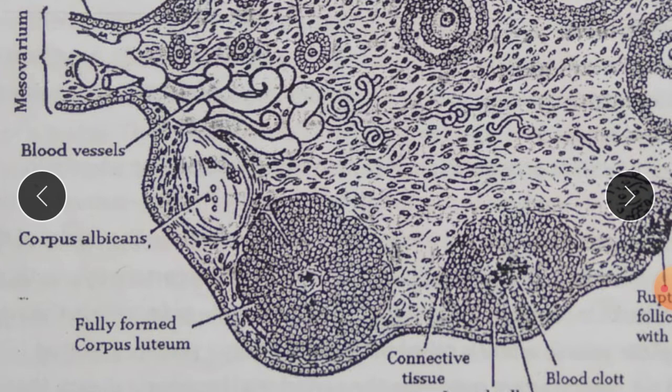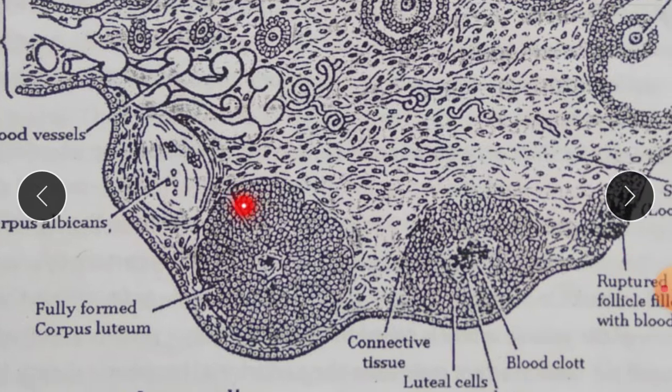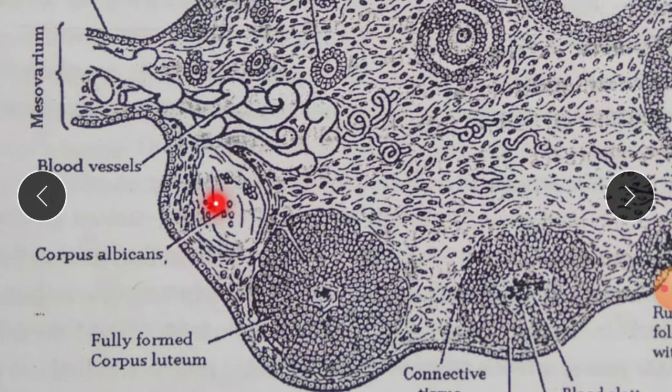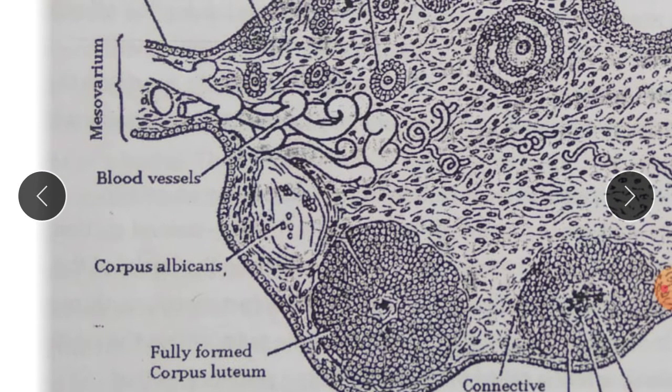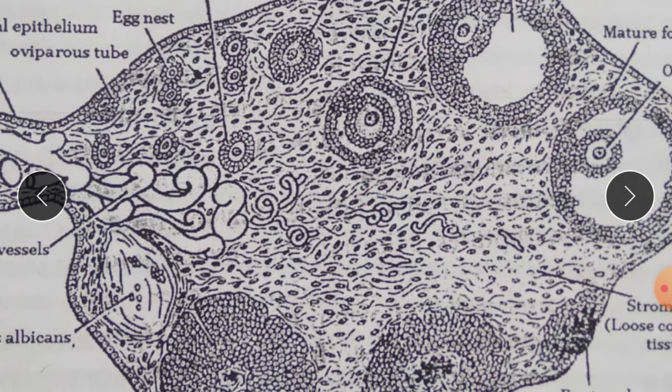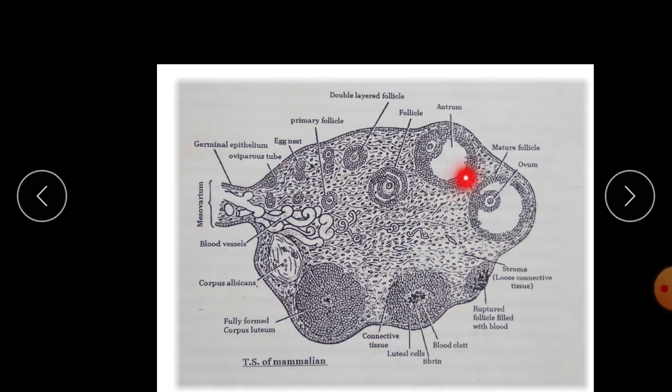Gradually it is becoming reduced, and it is known as corpus albicans. Corpus albicans cannot produce progesterone. So this is the cross section, transverse section of ovary.